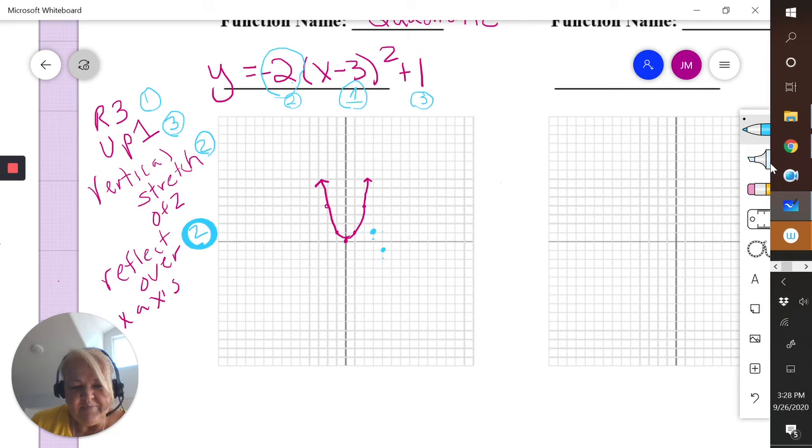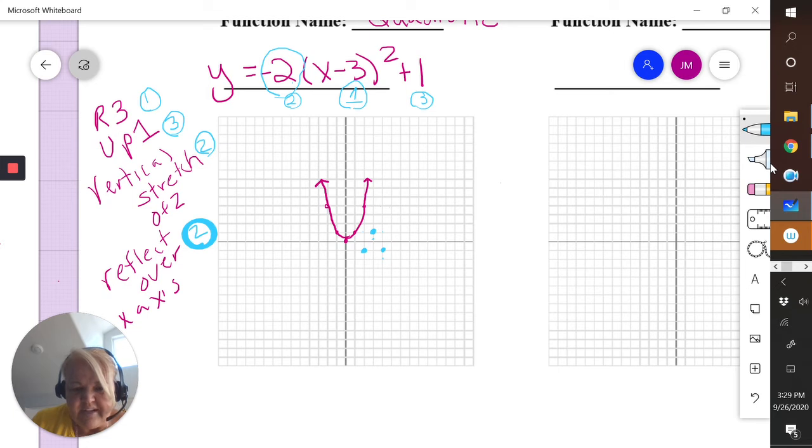Point (-1, 1), shift it right 3. 1, 2, 3. It's right here. The y coordinate is 1. I multiply it by -2, so that puts me at -2, but then I have to shift it up 1. Okay, right here, the point (2, 4). 1, 2, 3 to the right.